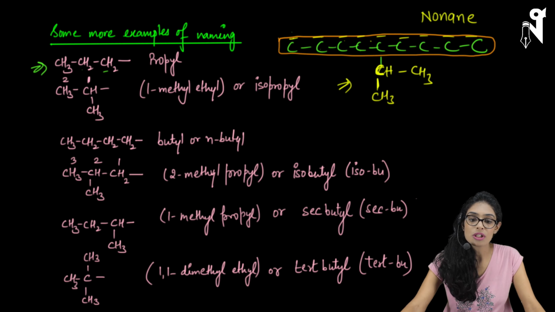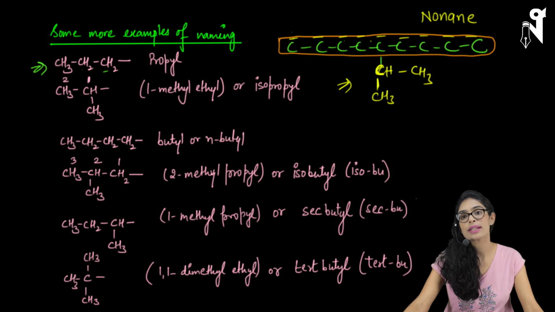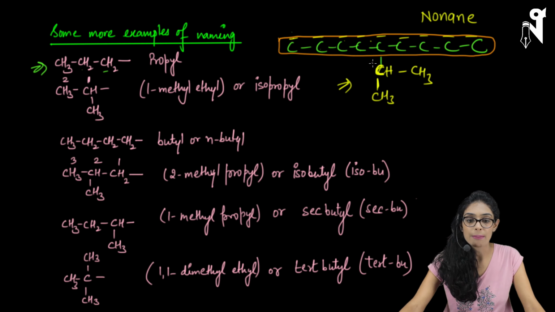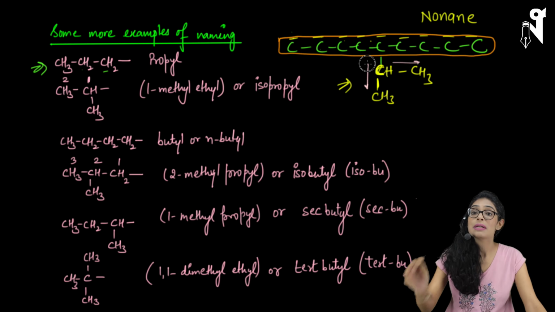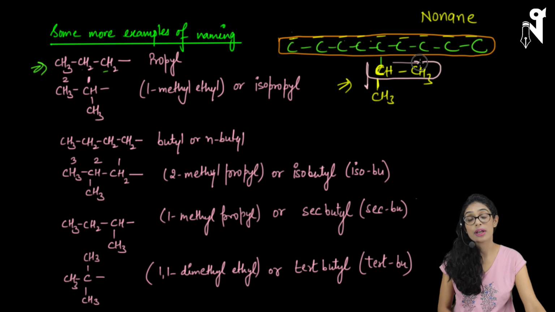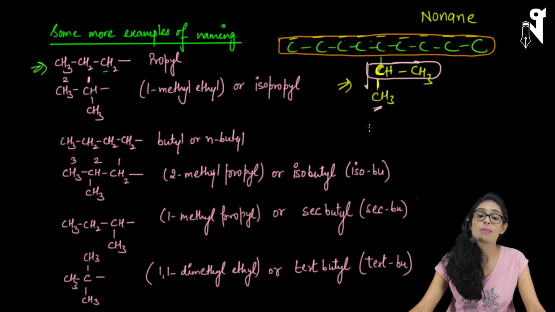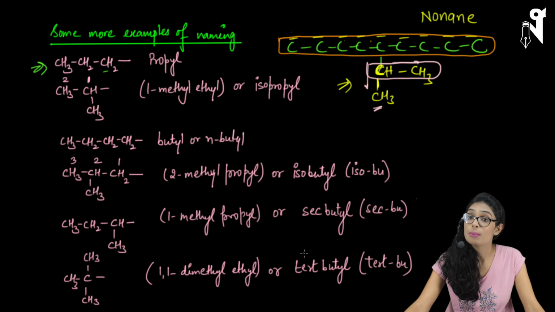So the longest possible chain can be vertical or horizontal, because both ways you are going to get the same chain. Let's say I mark this chain as the main chain. Then this is the branch for it. Please understand it very carefully. This is my main chain of the branch, and this is the further branch to it. Along with that, we also have to number the carbons of this branch.